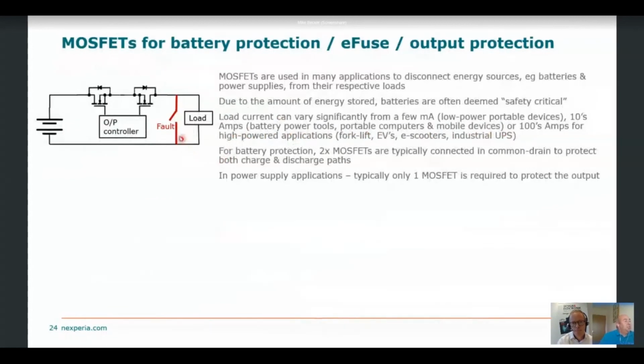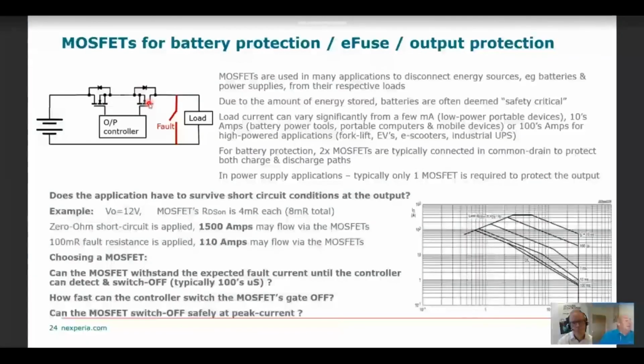In other applications, such as battery protection or output control, so this could be an e-fuse or an output switch, you can imagine that with these MOSFETs being very low RDS(on), if you've got 12 volts at the output and some load capacitance, and you apply a short circuit at the output, you can get a massive current flowing briefly through the MOSFETs.